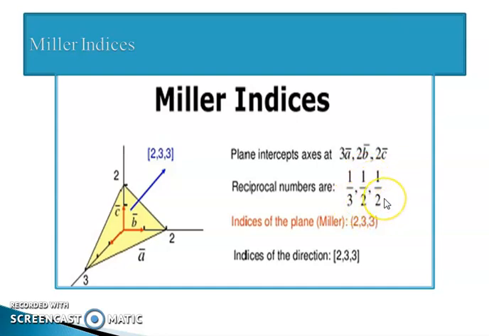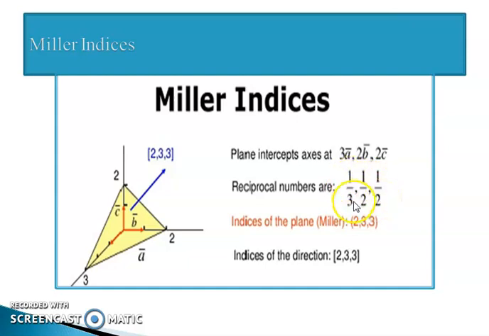These are fractions, so what we need to do is multiply these fractions with the LCM of the denominators. What is the LCM of these three? 2, 2 and 3, it is 6. So multiply each term by 6.